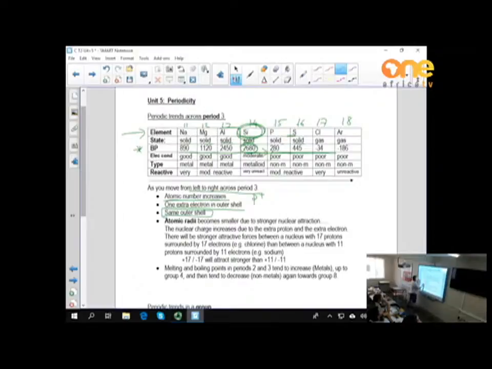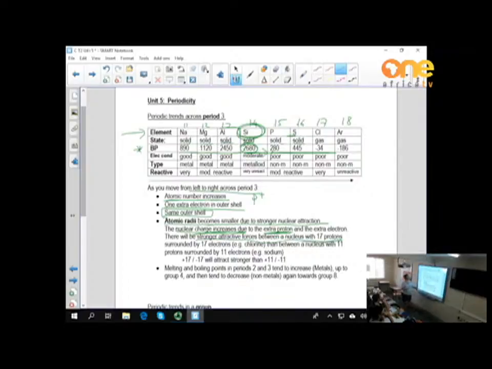The atomic radius, the size of the atom in other words, becomes smaller as we go from left to right, because we have the stronger positive charge pulling the electrons closer. All right? Yes. The nuclear charge increases due to the extra proton. The atomic number increases. All right? There will be stronger attractive forces between the nucleus and the electrons.